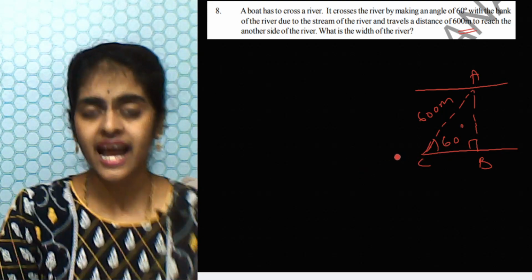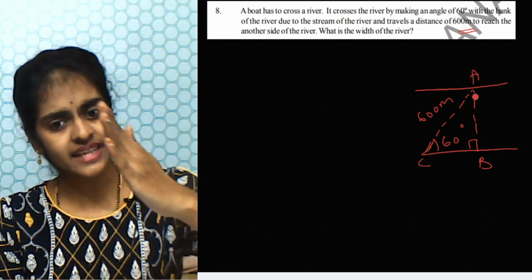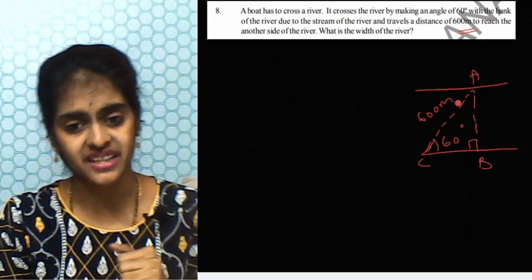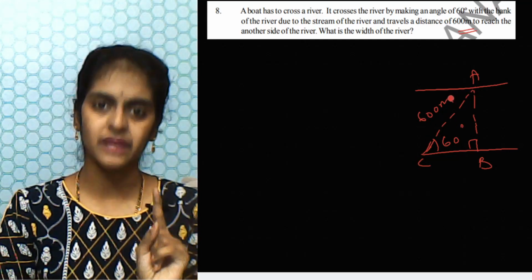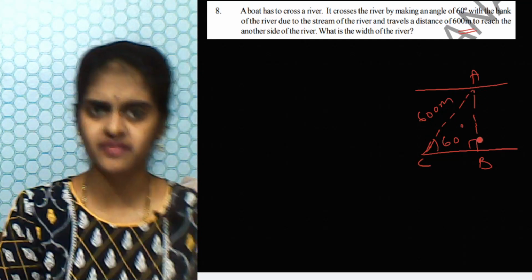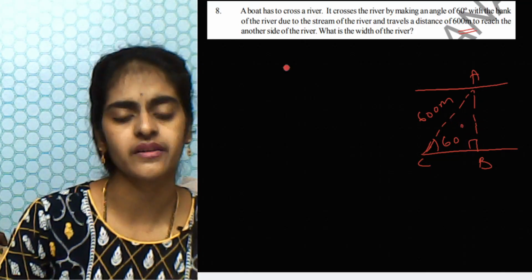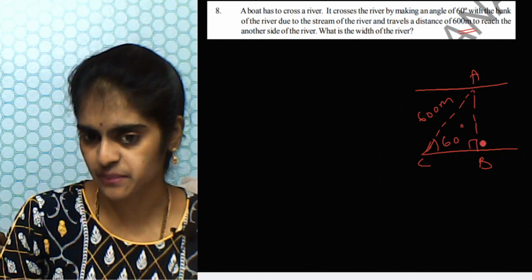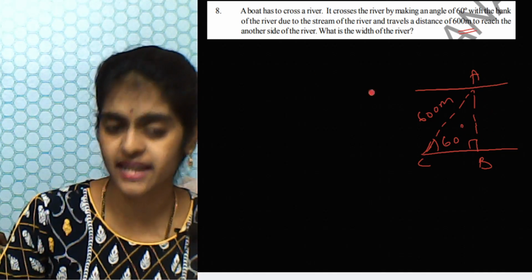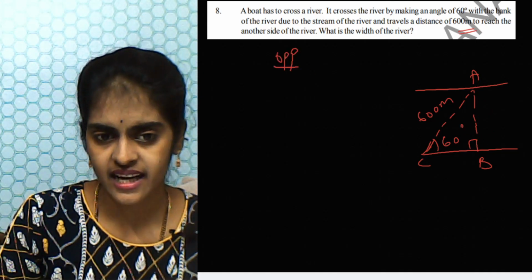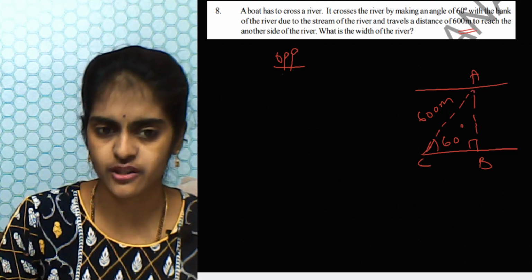That is the meaning. In this way it has traveled and reached the other bank of the river, and it has traveled 600 meters. So you have to find the width of the river, which is the perpendicular distance between the two banks. So how will you find it? You want this side. This is the opposite side, so this is the opposite side divided by the hypotenuse, isn't it?